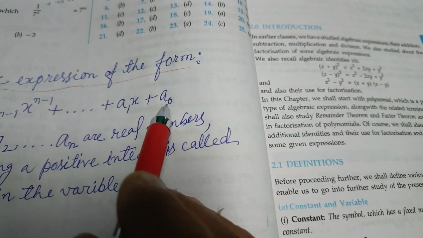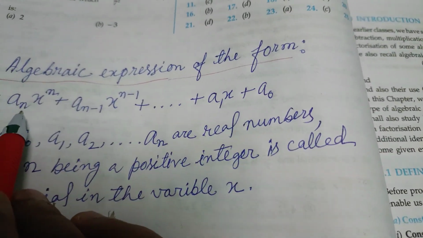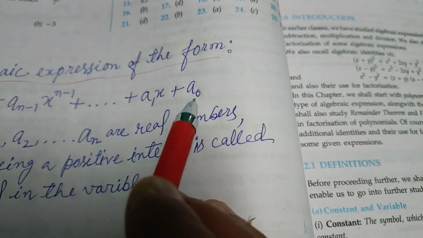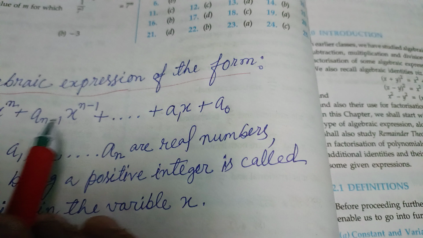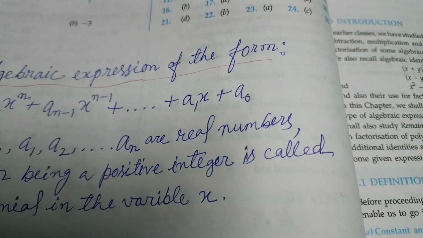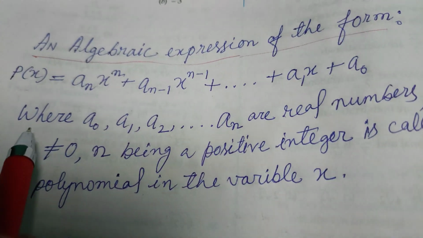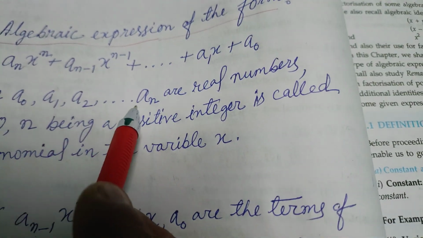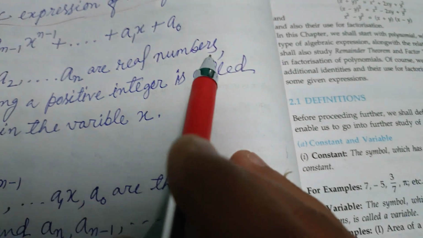This n minus 1, then 1 and a naught we are writing as subscripts; a naught is the constant term. Clear? Here a naught, a1, a2 up to an are real numbers.